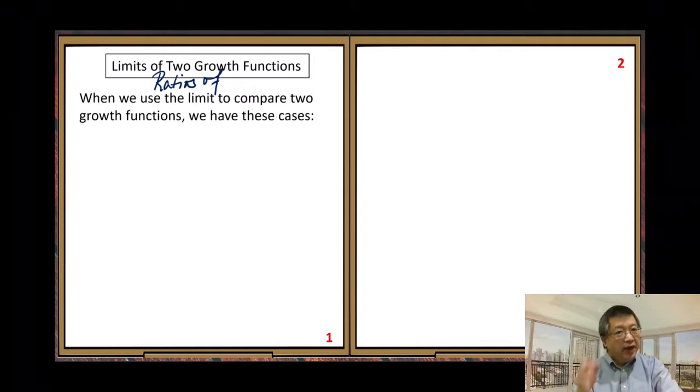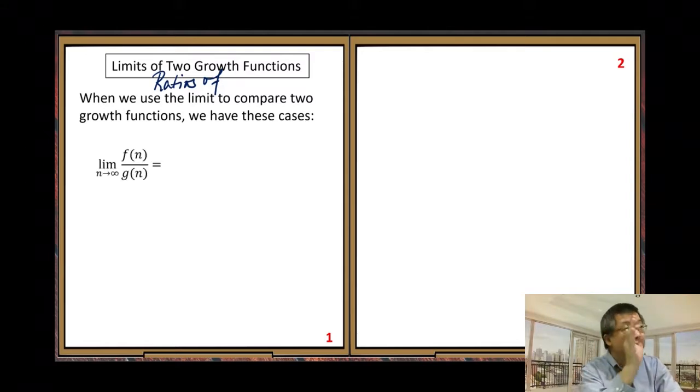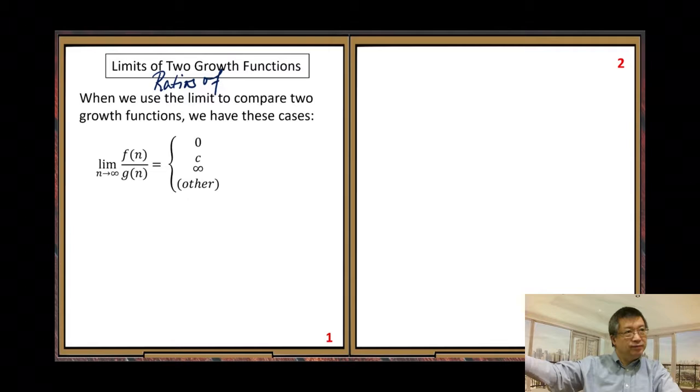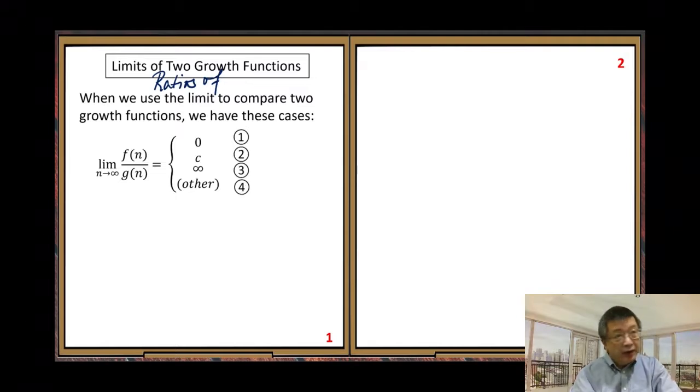All right, here I summarize, I have 4 cases. So let us look at these 4 cases. First case is 0, the limit equals 0. That is a pretty common case. Second, constant C here, non-zero constant C.